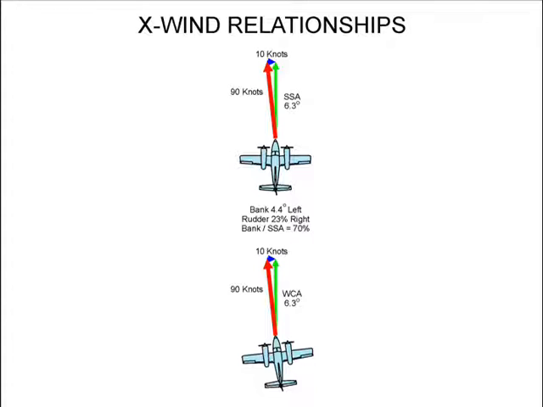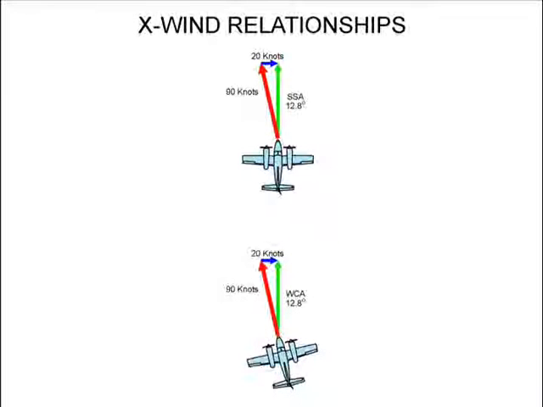Now let's look at a 20-knot crosswind. In this case, the wind correction angle is 12.8 degrees.